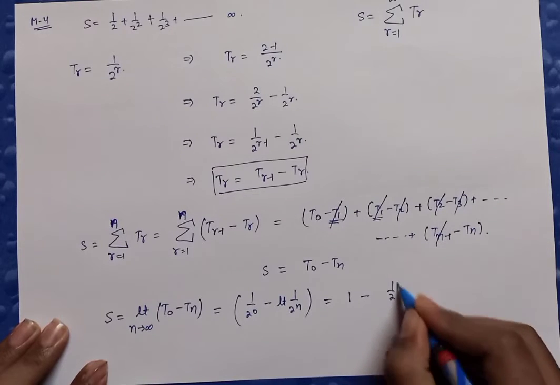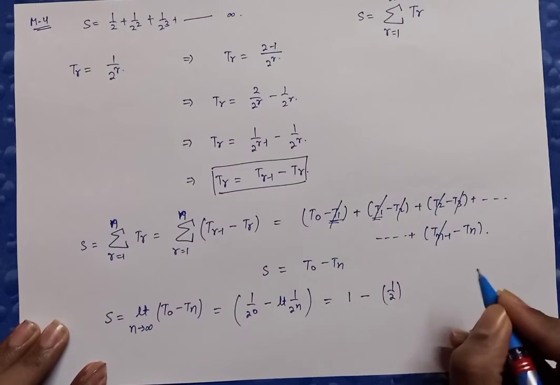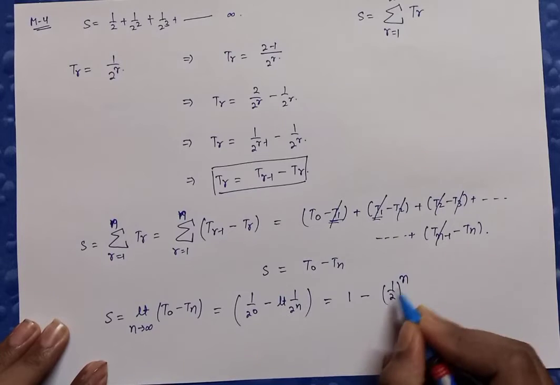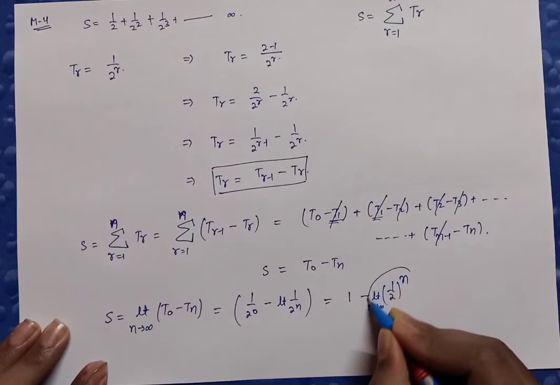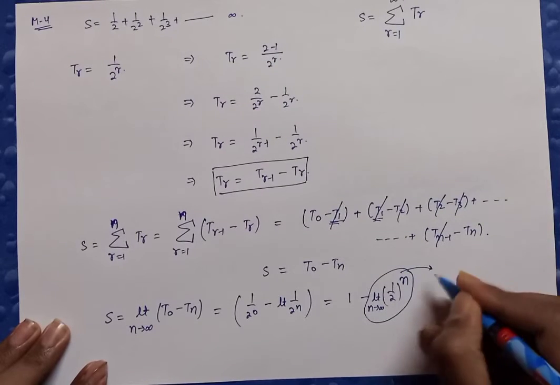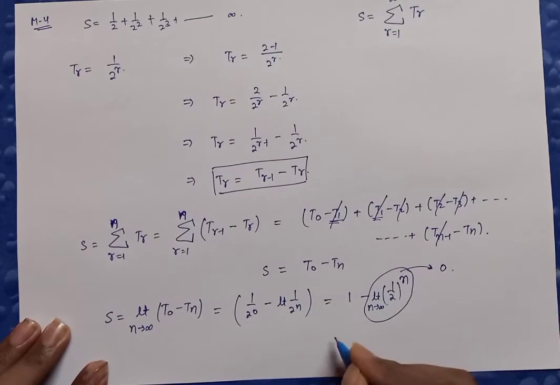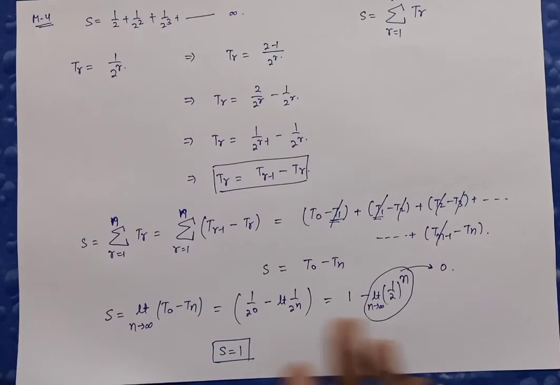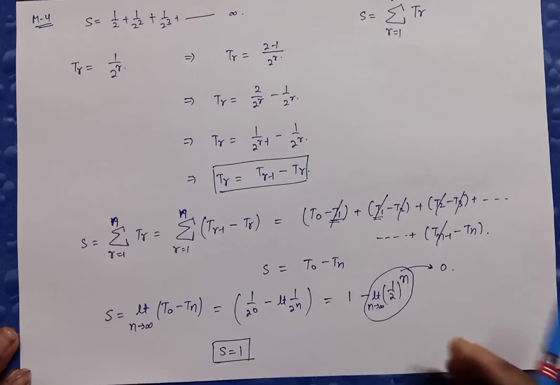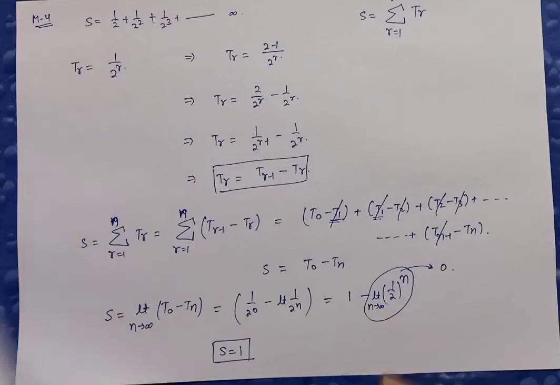Since half is a smaller number than 1 and it is raised to the power that is tending to infinity, this term will tend to 0. So I can write that S equals 1 when n is tending to infinity. Likewise, not only for half, for other series as well we can obtain the summation using this method.